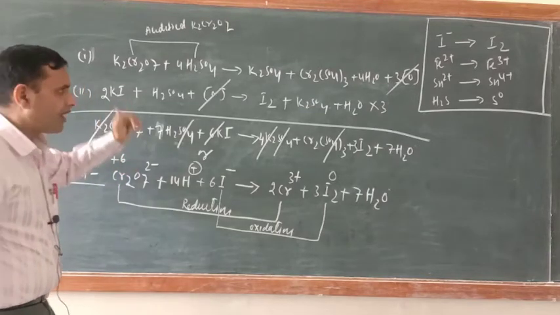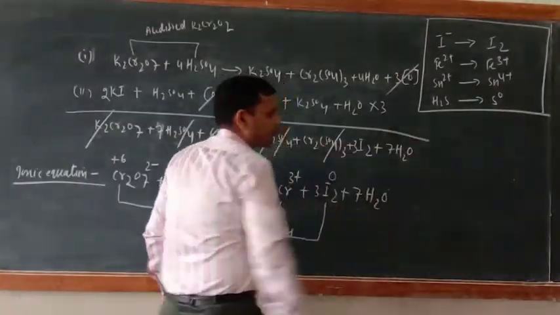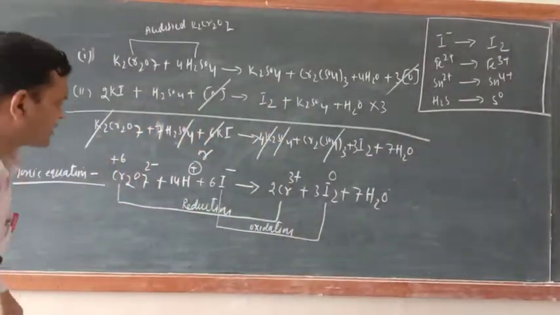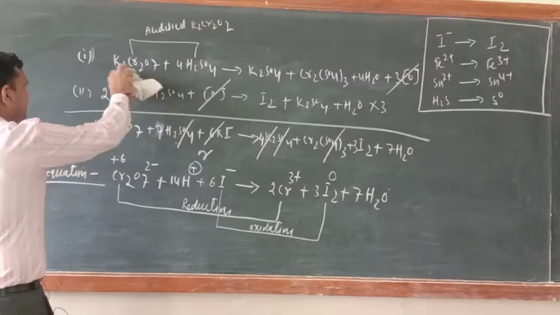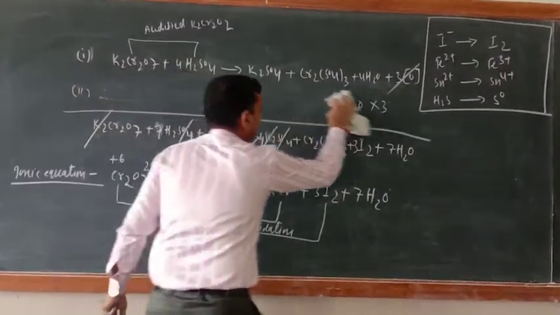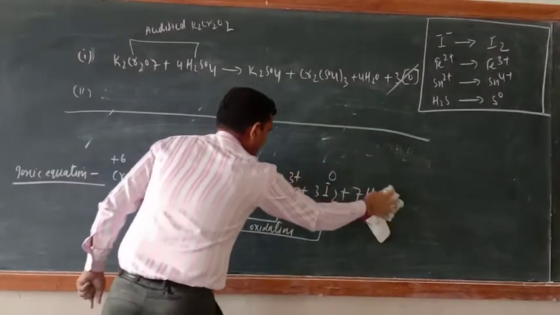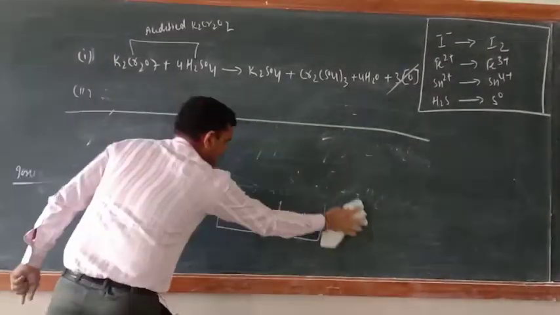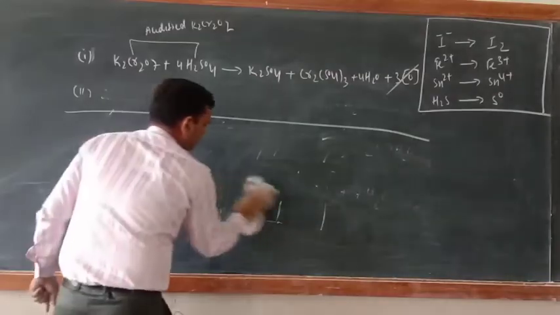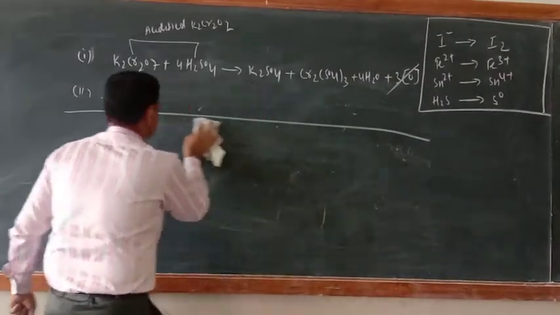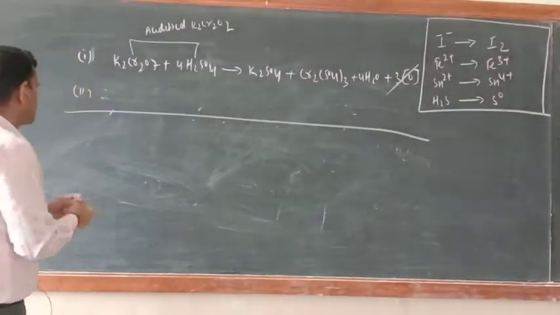Okay, now just see. Second one, Fe2 positive. First step would be common. You just take one salt which is containing Fe2 positive ion, FeSO4.